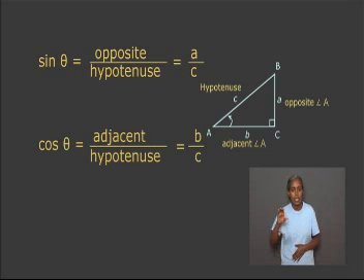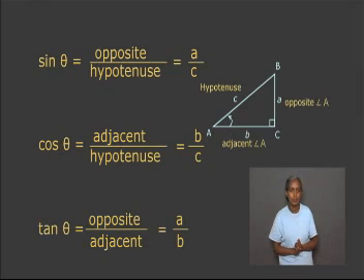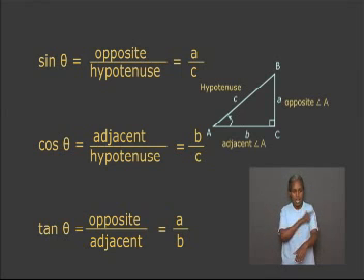The cosine of theta is found by the ratio of the length of the adjacent side over the length of the hypotenuse. Finally, the tangent of theta is found by the ratio of the length of the opposite side over the length of the adjacent side. Well done, students.